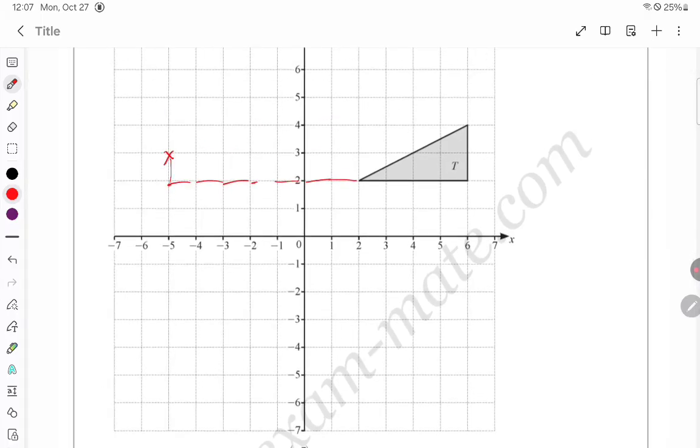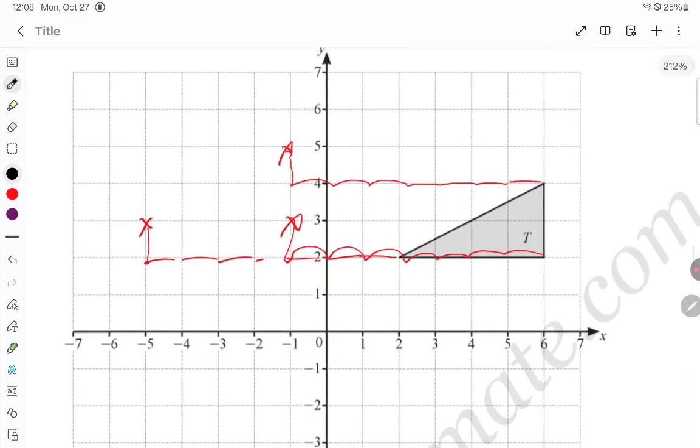Mark the first point. Now for the second, do the same. -7, 1, 2, 3, 4, 5, 6, 7, 1 upward. For this one also, 1, 2, 3, 4, 5, 6, 7, 1 upward. Join the points.